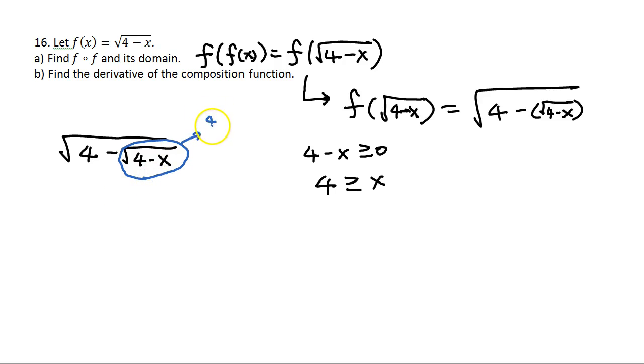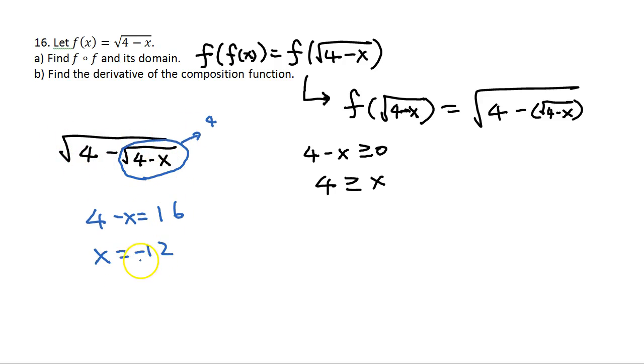So when does this become 4? Well, this thing becomes 4 when 4 minus x is equal to 16. If this thing is 16, square root of 16 will be 4. And solving for x, you get x equals negative 12, right? 4 minus negative 12 is positive 16. So when x is negative 12, this entire thing becomes 0, and then square root of 0 is okay.